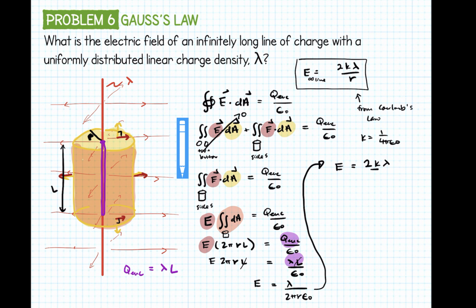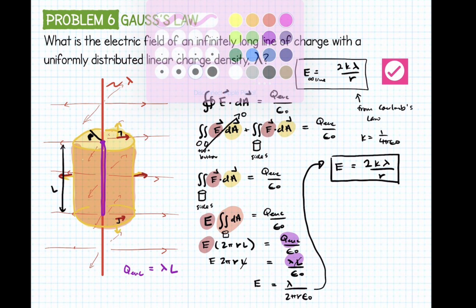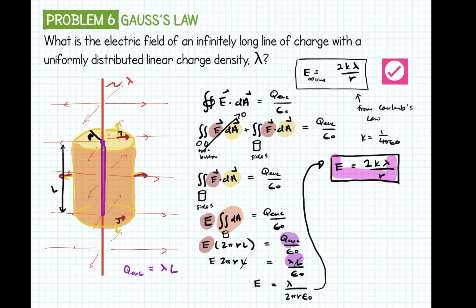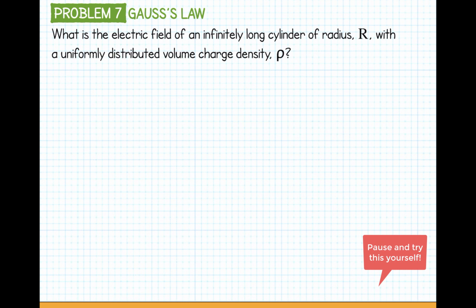K lambda over R, and this is the same as this, the one we found before. So Gauss's law worked, and instead of doing a whole integral, we just had to do some strategic geometry, okay?